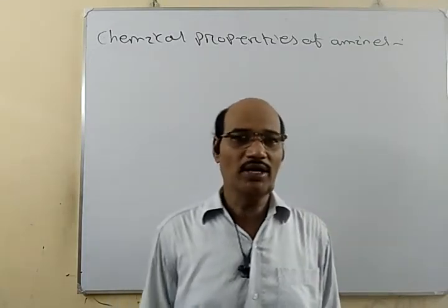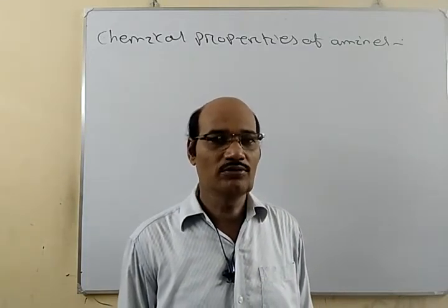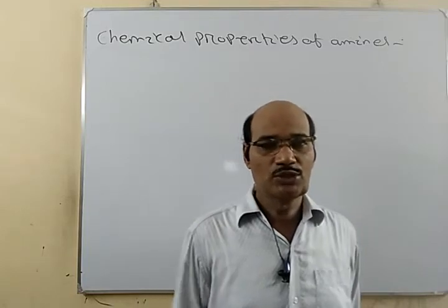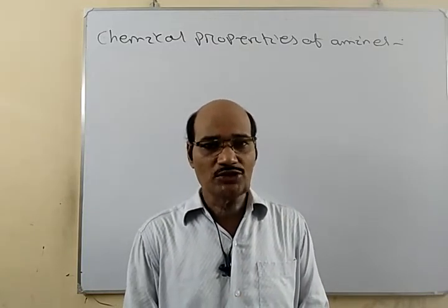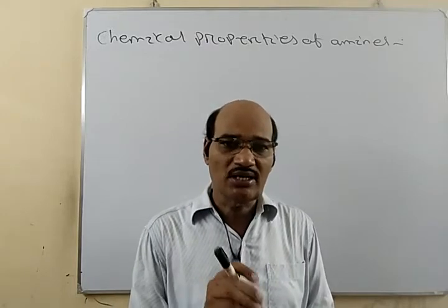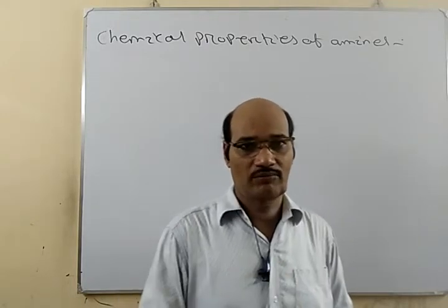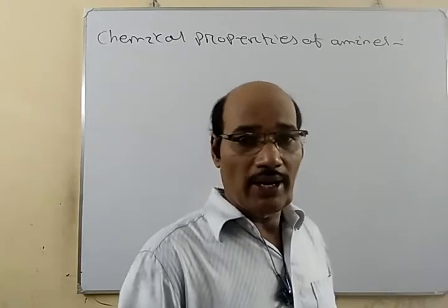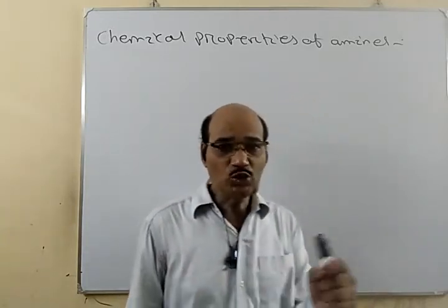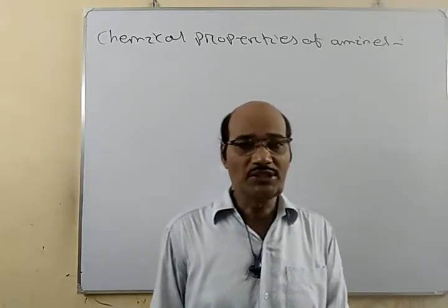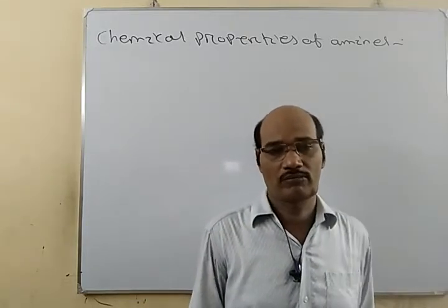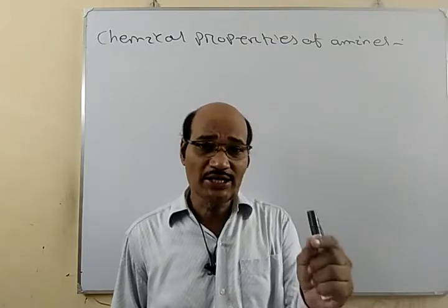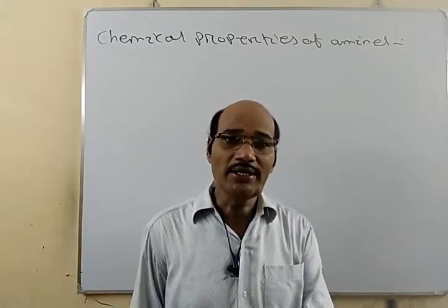Now electrophilic substitution reactions of aniline. Okay. So we discuss how the electrophilic substitution reactions occur in aromatic amine, that is aniline. We know in aniline the NH2 group present in the benzene ring is an ortho-para directing group, and this NH2 group is highly reactive.